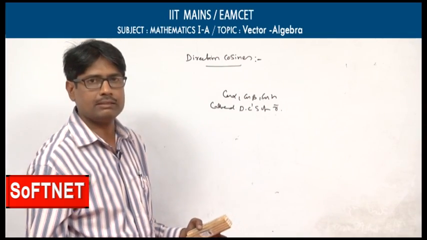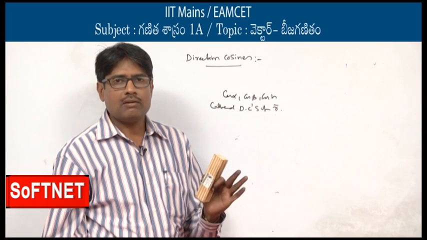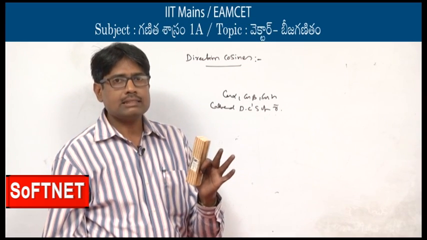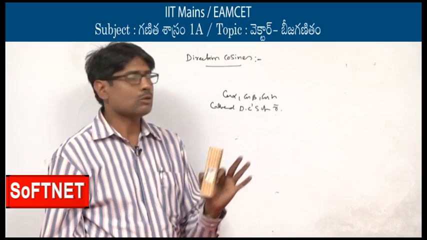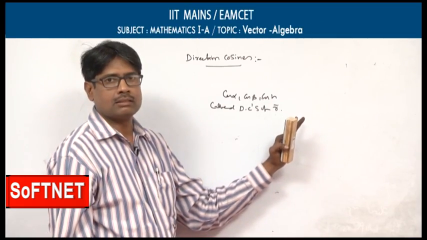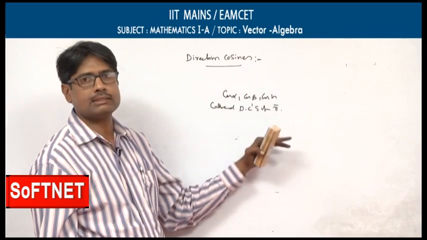I will repeat the definition: alpha, beta, gamma are the angles made by the vector R bar with the coordinate axes, then cos alpha, cos beta, cos gamma are called direction cosines of R bar.